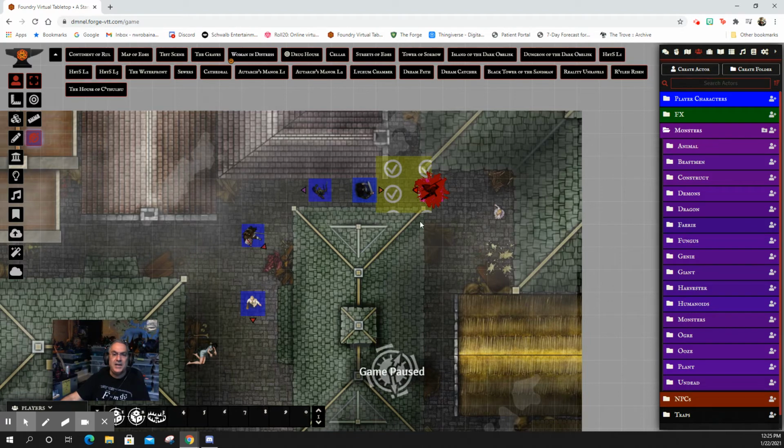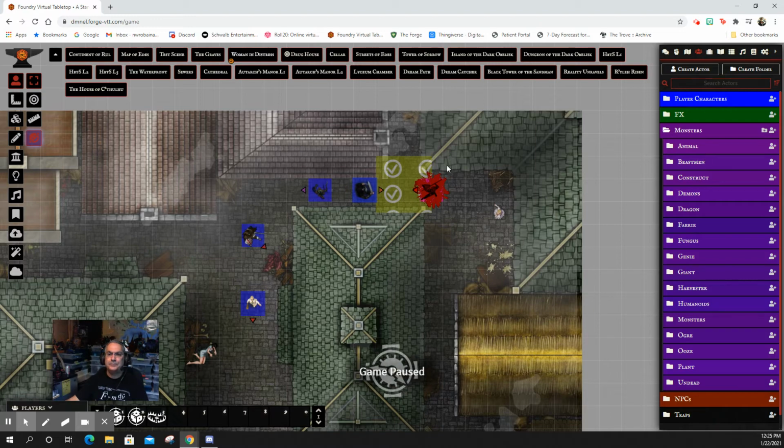And right here is something that I put on the map that I want to point out because it's a cool feature. And this is one of the modules that you can add to Foundry as an enhancement. And I think it's called Wait a minute, or Wait here, or Wait stop, or Stop wait, or something like that.